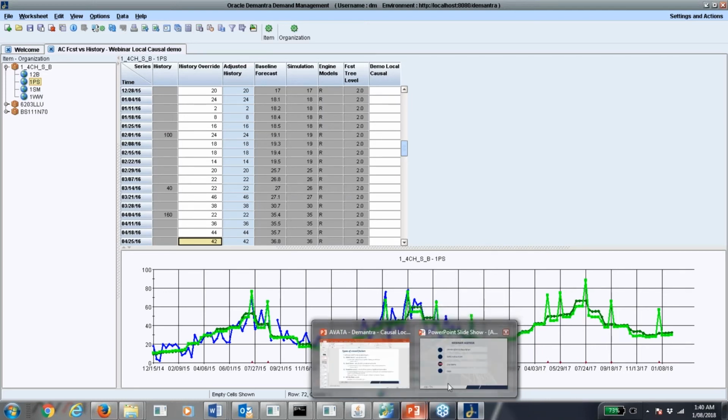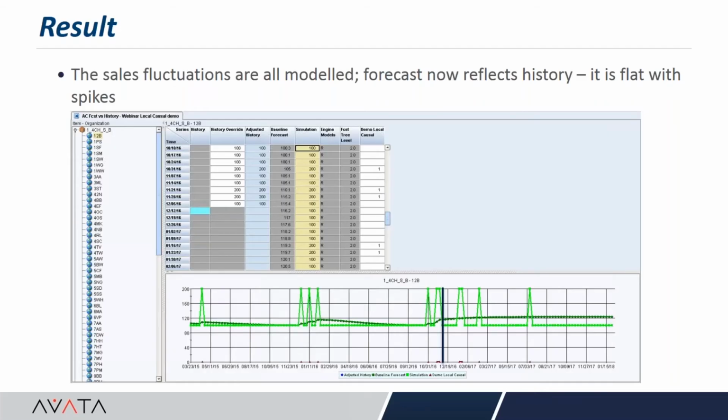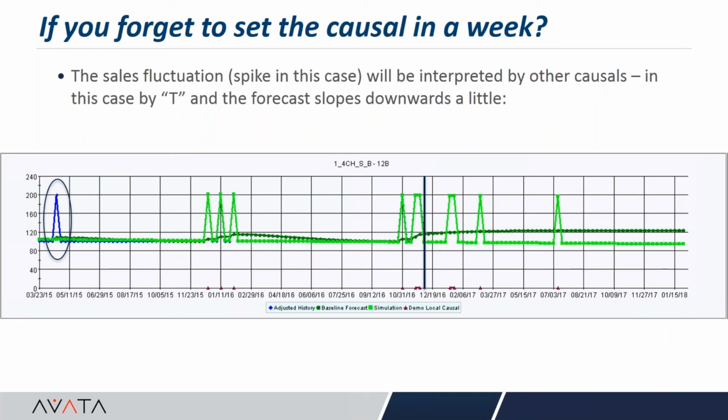I'm going to go back to my slides now and just mention a couple of things. So there's the result on that screenshot. I wanted to show you a couple of other things as well. If you forget to set the causal in a particular week, all that happens is that the sales fluctuation, this spike in this case, will be interpreted by other causal factors.